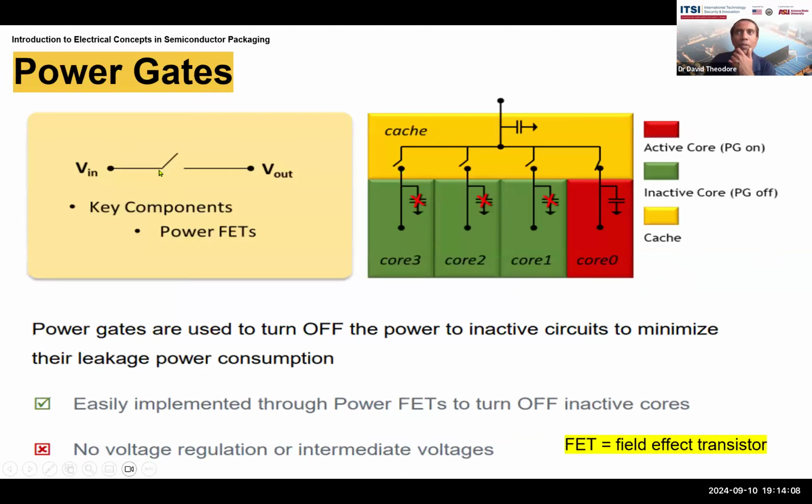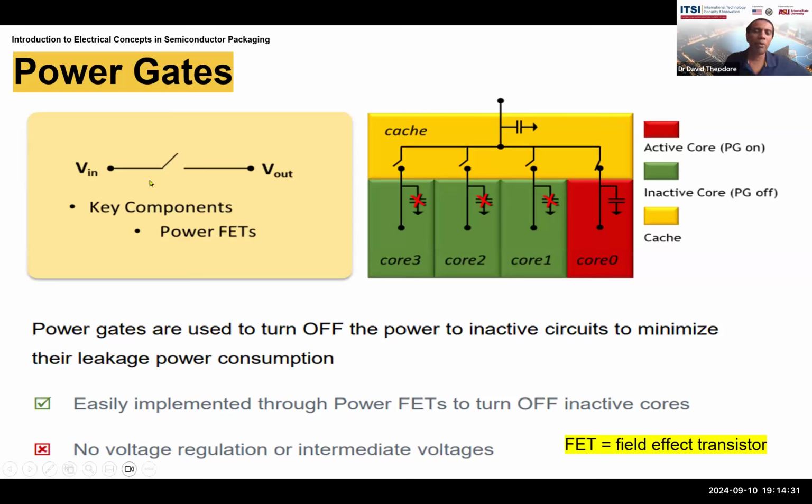One advanced method is to go from on-package voltage regulators to on-die voltage regulators. That's what I talked about. Instead of having the voltage regulator on the motherboard or in the package, now you put it onto the die. That's one option. Another option is using power gates.